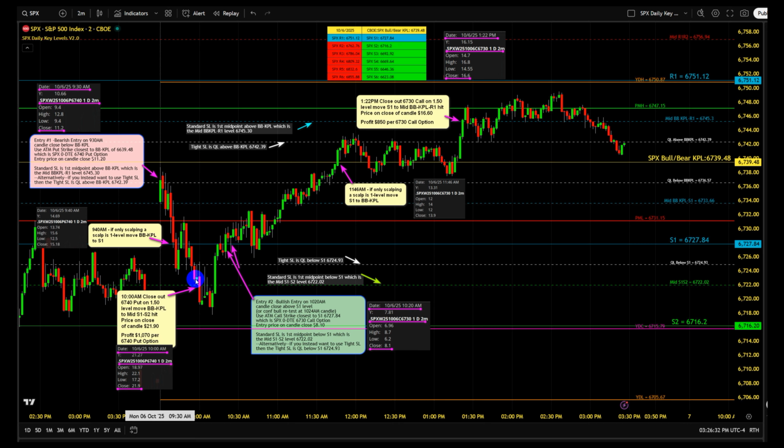If you want to scale out, then at the 1.5 level move you would sell 70 to 90% of the contracts that you started with, and then adjust the stop loss on the remaining contracts to break even or better, meaning adding at least a 10 to 15% cushion.